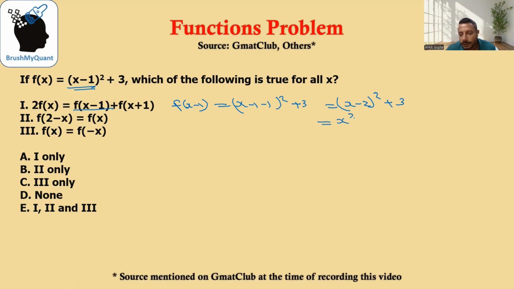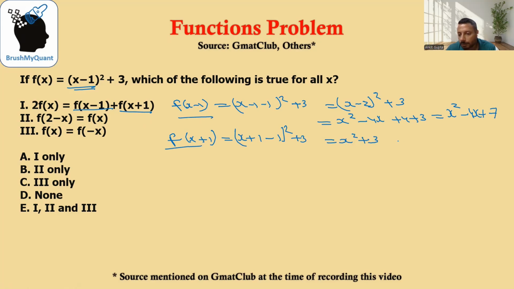We can write this as x square minus 4x plus 4 plus 3, or this becomes x square minus 4x plus 7. F of x plus 1 becomes x plus 1 minus 1 whole square plus 3, which is x square plus 3. If we add both of them, we will end up with x square plus x square, which is 2x square minus 4x plus 10.